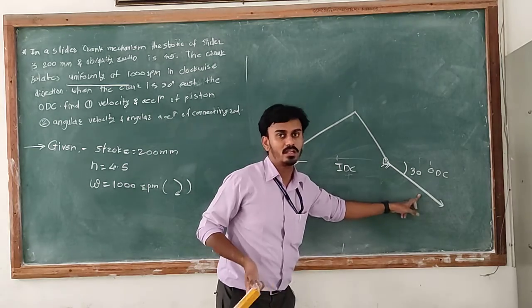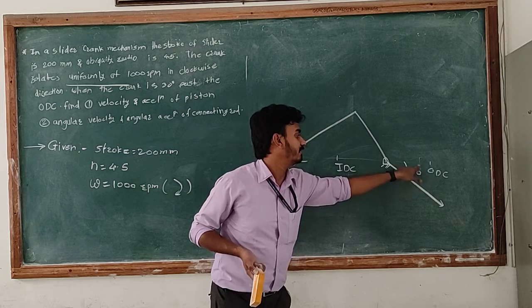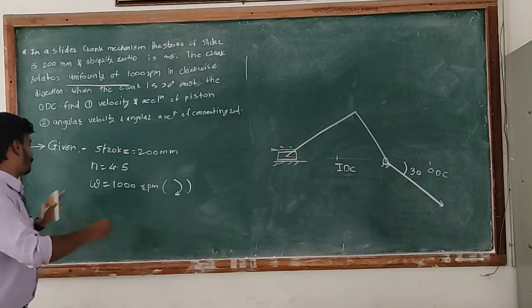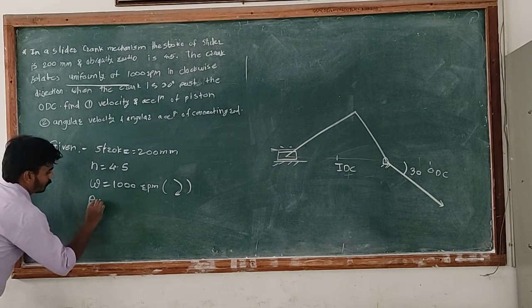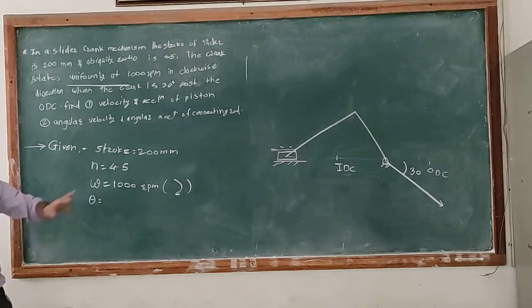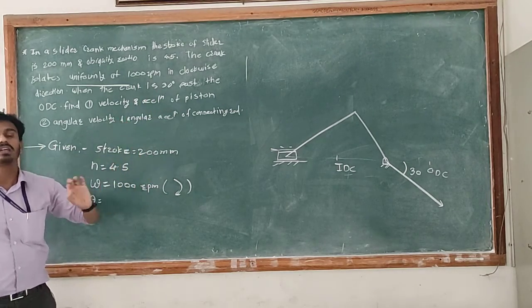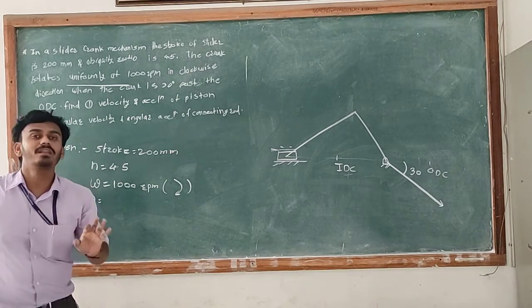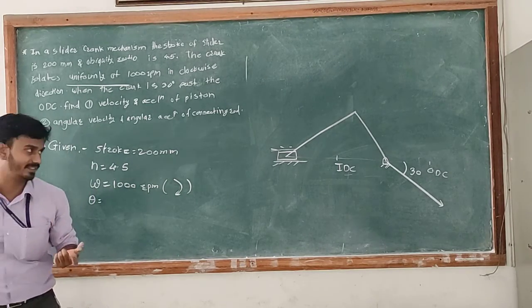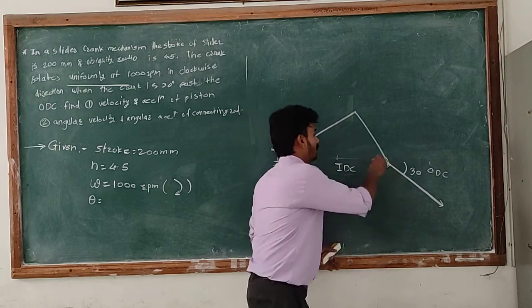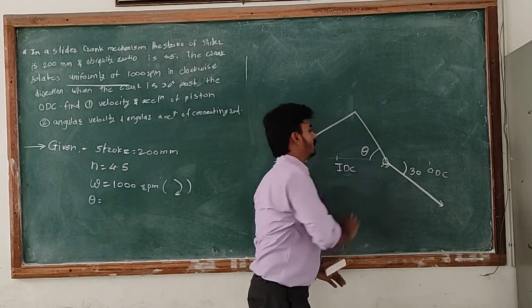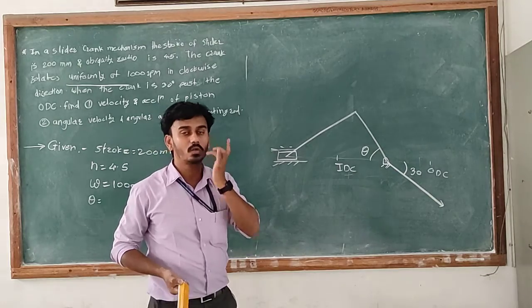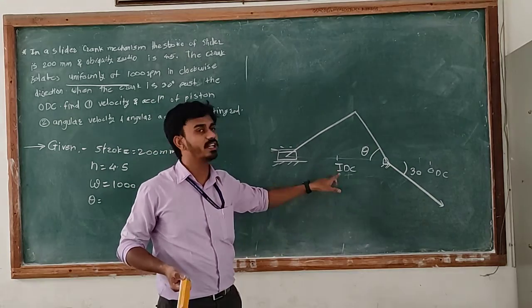So they have given that we have to find some quantities when this crank is at this position. What is the given angle? 30, but we require the angle theta. What is the angle theta here? It is not 30, because angle theta means the angle made by the crank with the inner dead center. Here is angle theta. So we want to measure the angle with respect to the inner dead center.